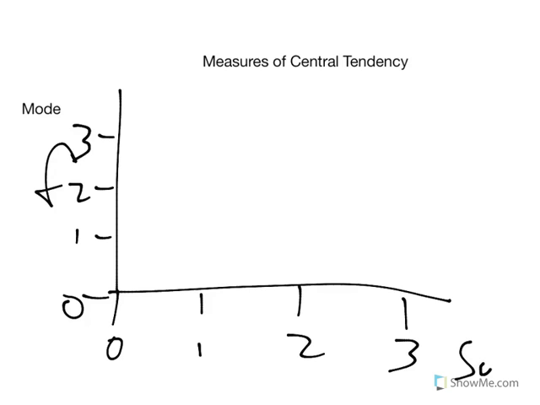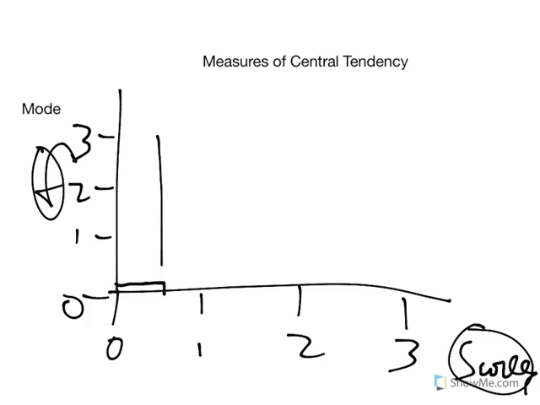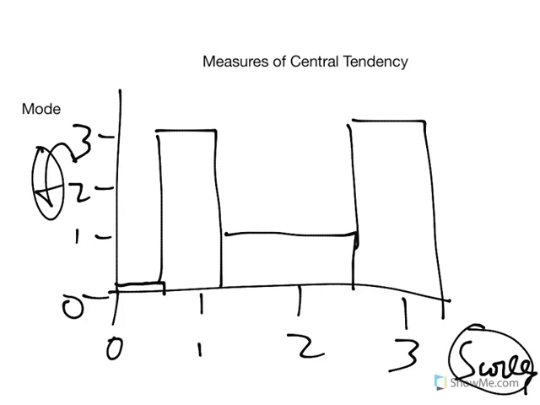So these are scores, right? Okay. And let's say that nobody gets a 0. Say 3 people get 1s. Let's say 1 person gets a 2, and then 3 people get 3s. This is the camel hump, right?